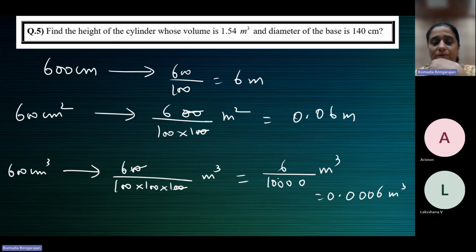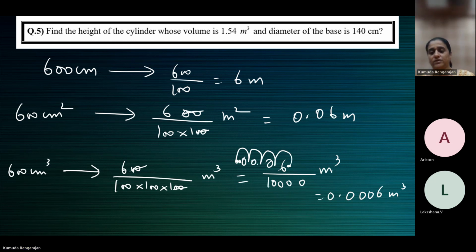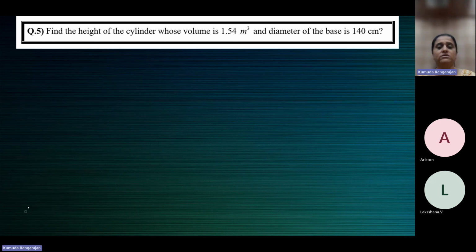Because it is 6 by 10,000, the decimal point is here. You need to move that by 4 places: 1, 2, 3, and 4. It comes here. So the remaining places are zeros. And before the decimal point, you can always write a 0. So 0.0006 meter cubed. Now tell me, Lakshana.